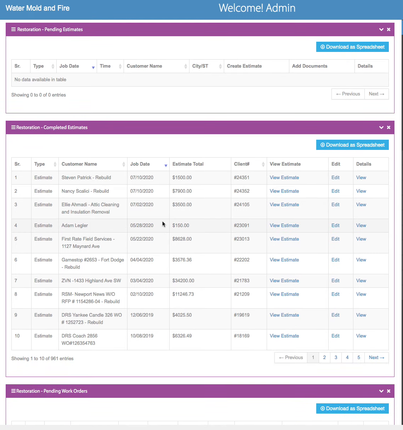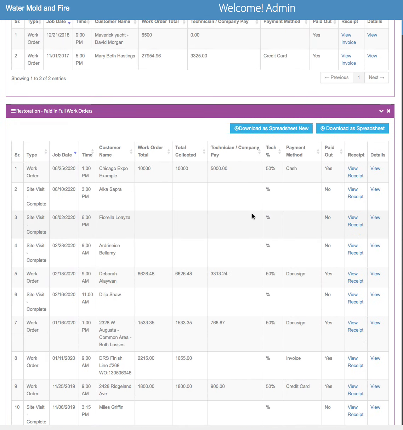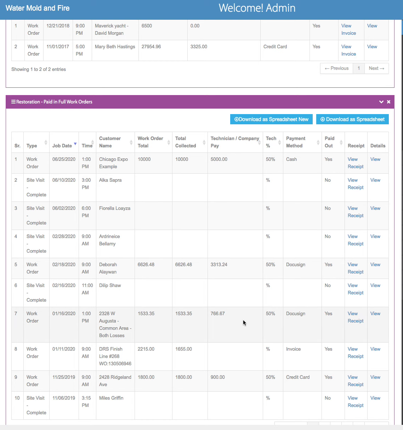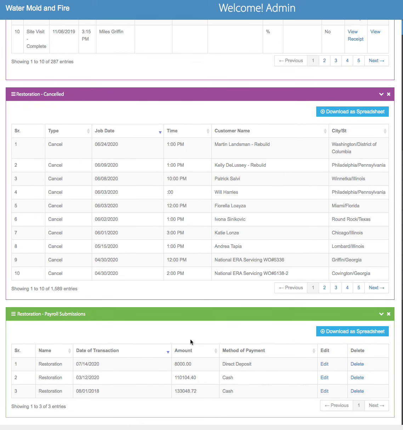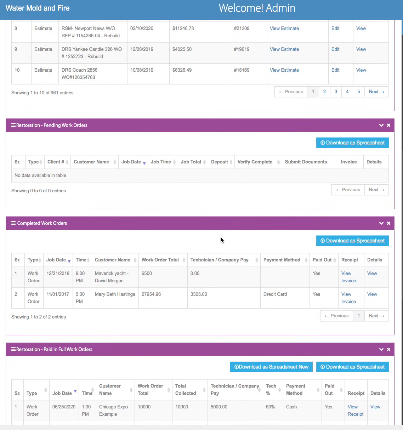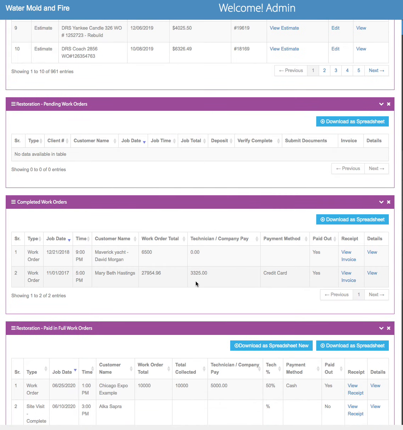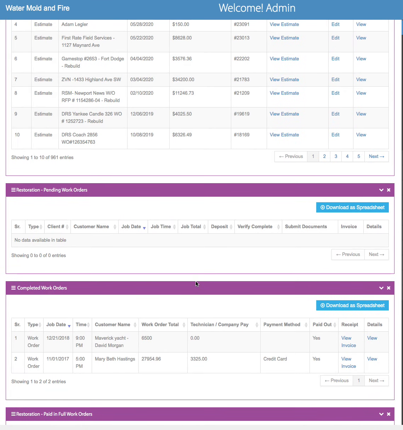If you use this system and you make sure that everything is in the correct sections and the technician pay and the submissions are correct, everything else is correct. So if you come to us and say, let's say you wait another week or so for Mary Beth Hastings to pay, and you say, hey guys, I went negative, and then I got a couple more jobs completed, so now I'm at zero again, but I was hoping to get another advance while we wait for Mary Beth Hastings.